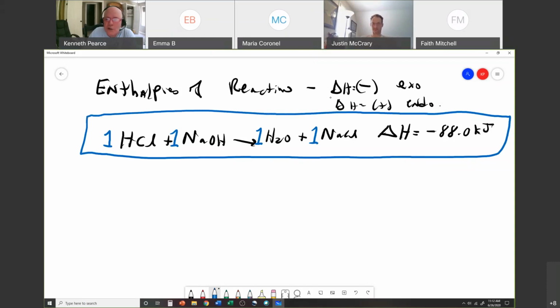This whole equation with the delta H equals minus 88 kilojoules, it all goes together. It's very easy to look at this and say, okay, I have an equation that's balanced, and then to look at the delta H and say, well, that's something completely different. They go together. They belong together.